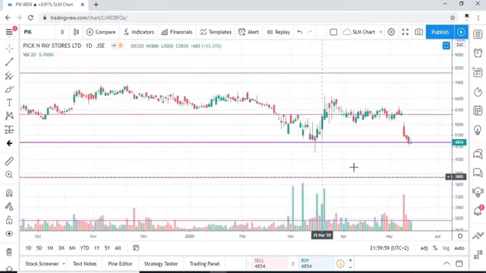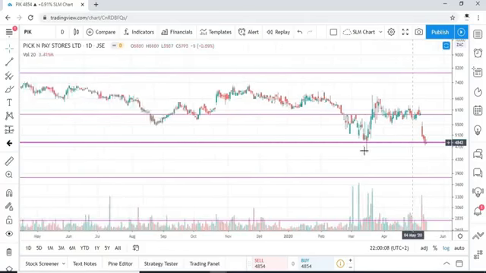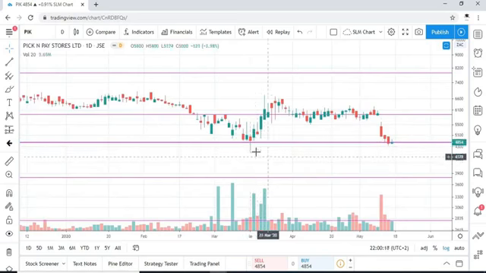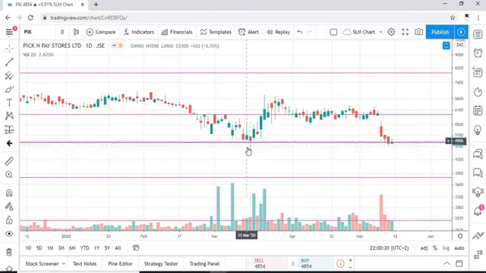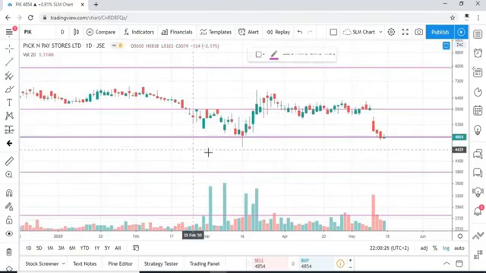At some point, you might want to go back in time because here we have got this line of support that has been broken. We can go back in time or maybe even look at this point here where price dropped and it refused to close this day below this price level or below this support. So we can look and draw a line at that point.